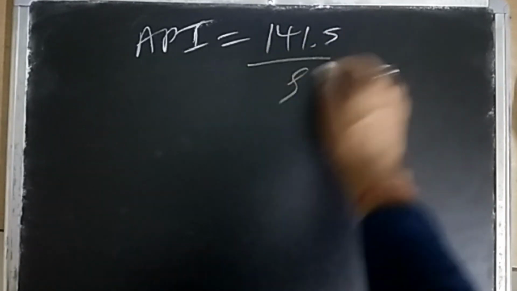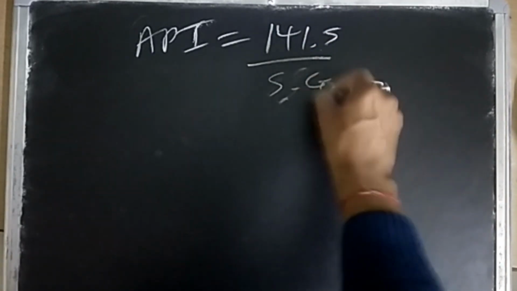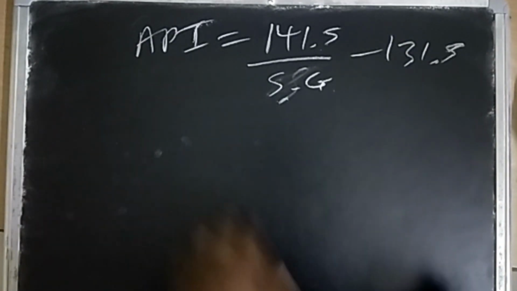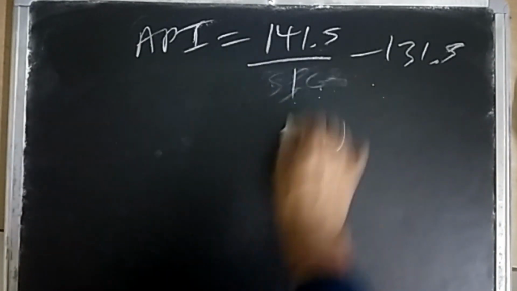Now next, first let's start with API. API measures the gravity, API gravity. The formula is 141.5 by rho or Sg, specific gravity, minus 131.5. So what is the API of water? Sg is 1, which means the API of water is 10.